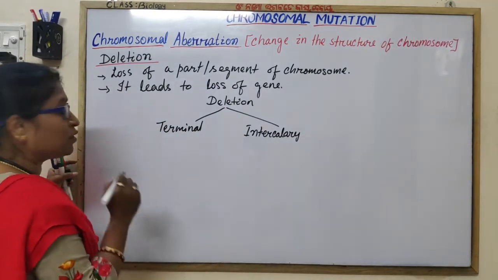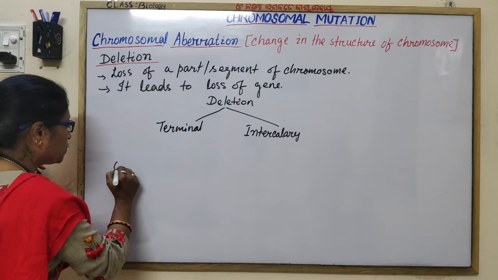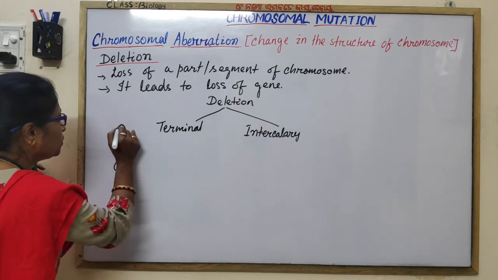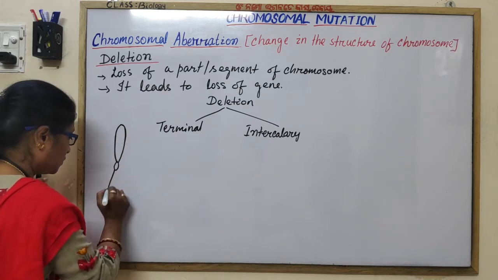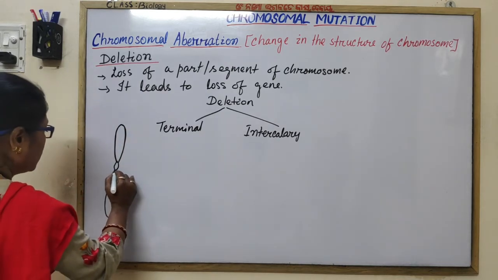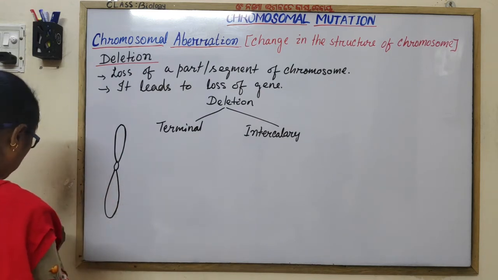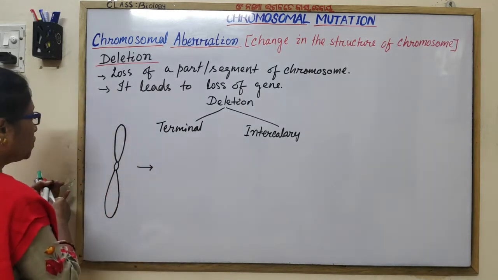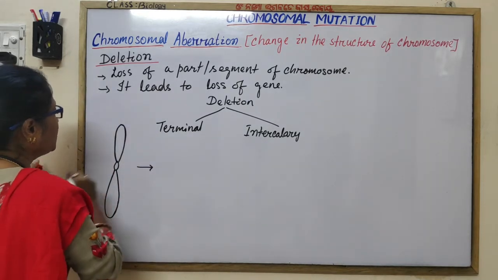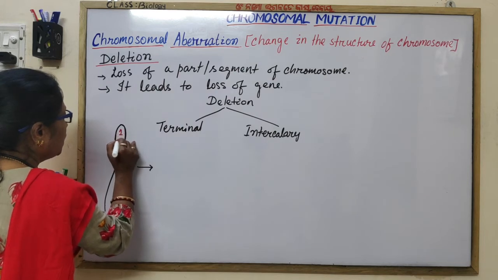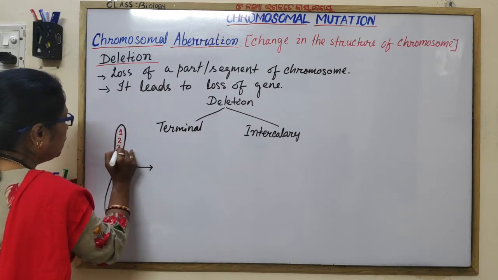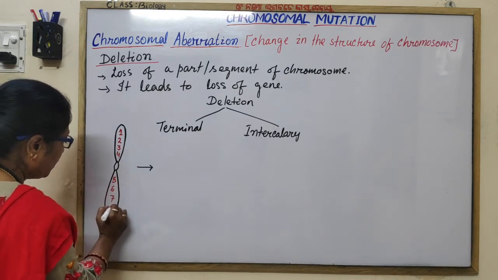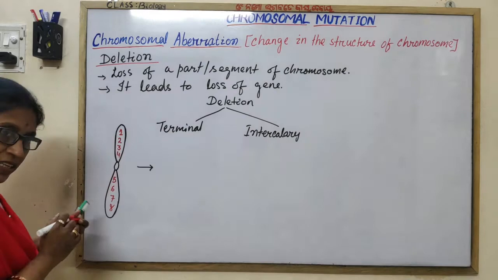In terminal deletion, what happens? Let us see. Suppose this is the chromosome. Then suppose here the different genes are present. Suppose this is 1, 2, 3, 4, 5, 6, 7, 8, like this different genes are present.